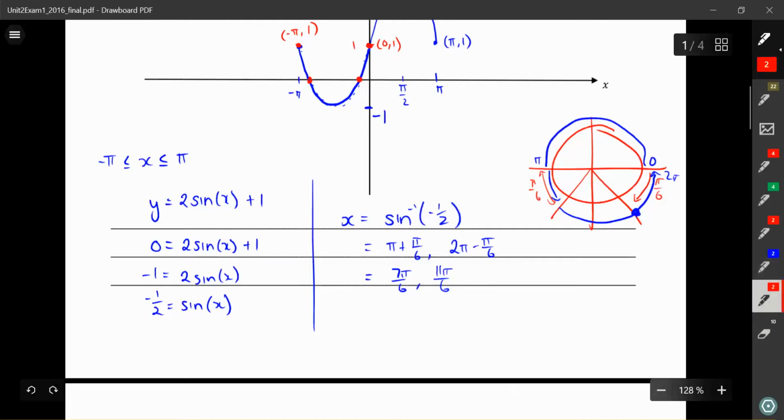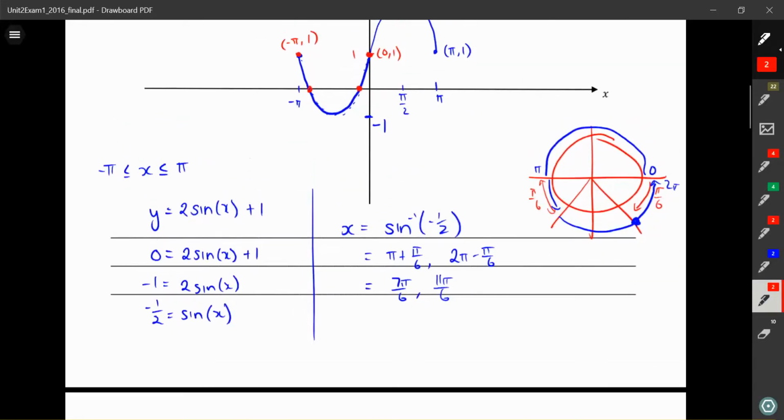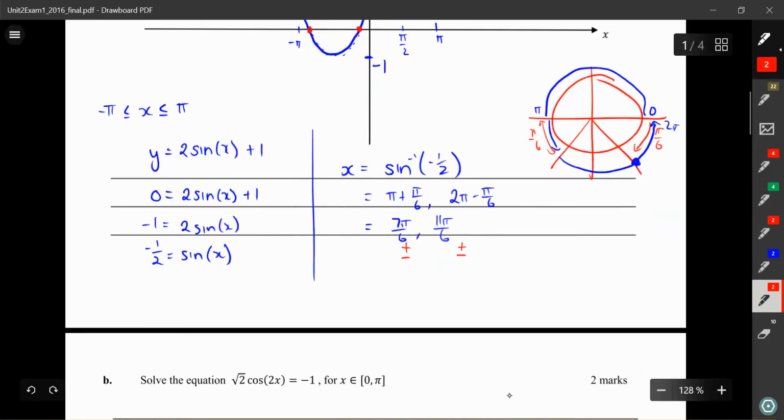Yeah? And remember the technique I taught you guys, that once you find the first two solutions, all you have to do is add and subtract the period until you meet the endpoints of the domain. So what's my period? We already worked out the period was 2 pi up here. So that means I'm going to be adding and subtracting 2 pi until I get all my solutions.